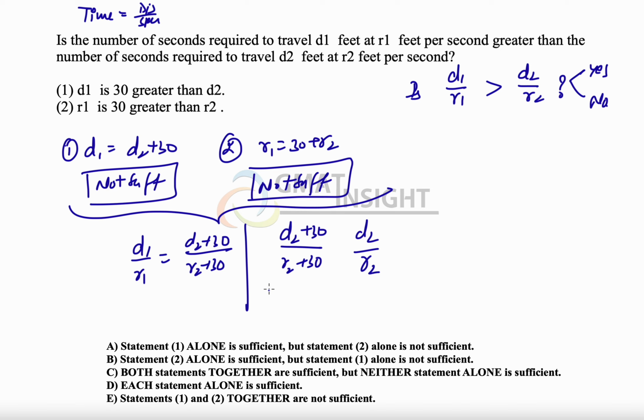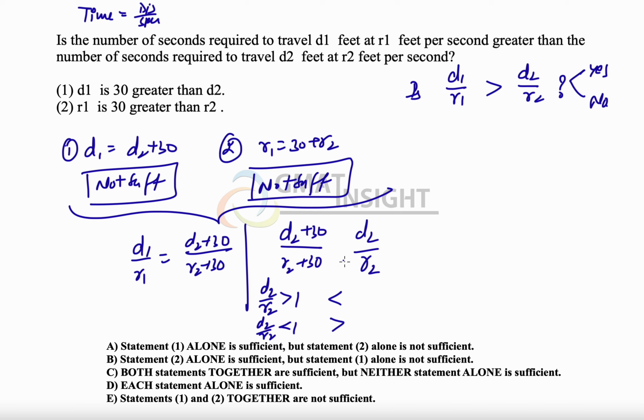The reason is, if d2 over r2 is greater than 1, then the left hand side will actually be smaller than the right hand side. But on the contrary, if d2 over r2 is less than 1, then d2 plus 30 over r2 plus 30 will actually be greater than d2 over r2.